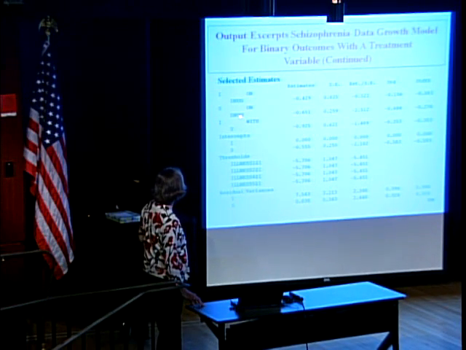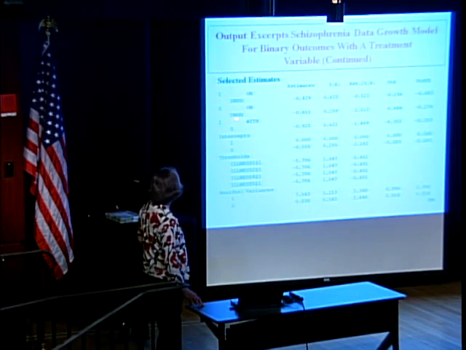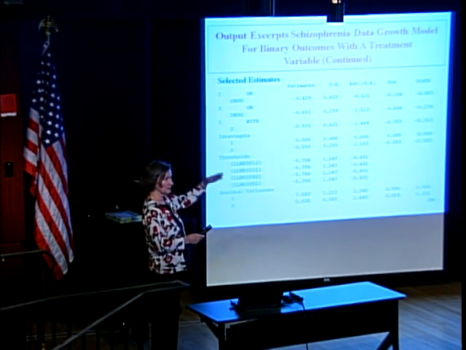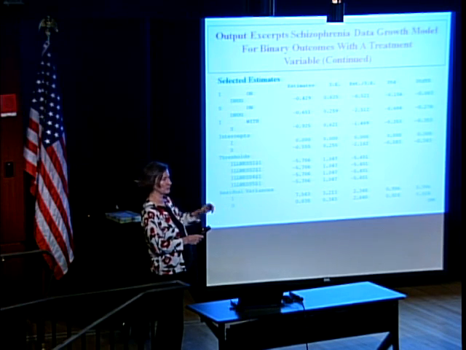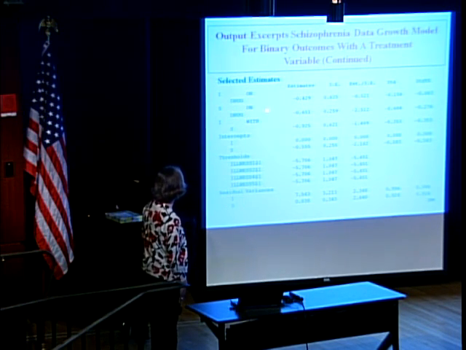What we're interested in is S on drug, because we want to know whether the drug had an effect on the progression of the development as far as the treatment went. So we see that there's a negative significant effect. So that means that over time, the illness decreased for the treatment group, and that's what we would want to see.